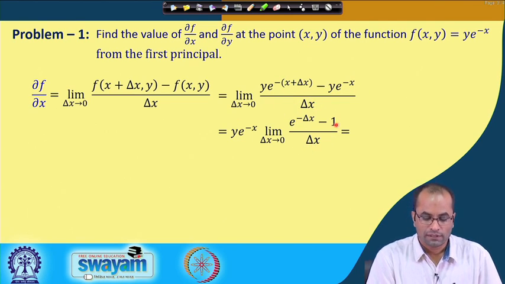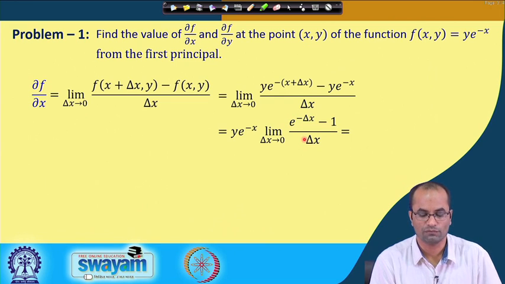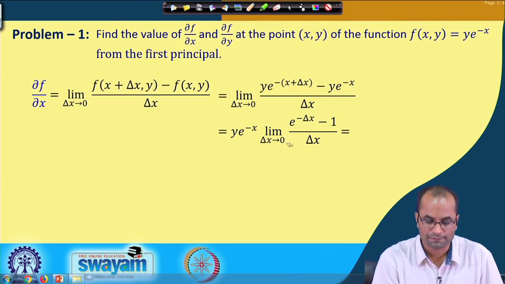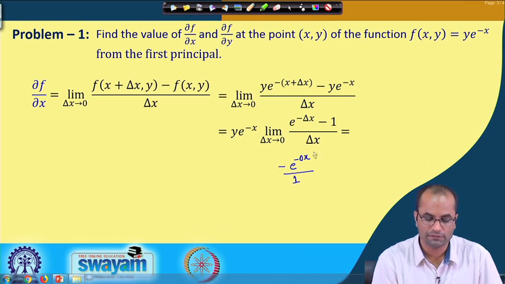Now, if you compute this limit, as delta x goes to 0, e power 0 is 1, minus 1, so 0 over 0 form. So, we can apply L'Hopital's rule, which says that this limit will be minus e power minus delta x, the derivative of e power minus delta x, and the derivative of the denominator will be just 1. So, when delta x goes to 0, this limit goes to minus 1.